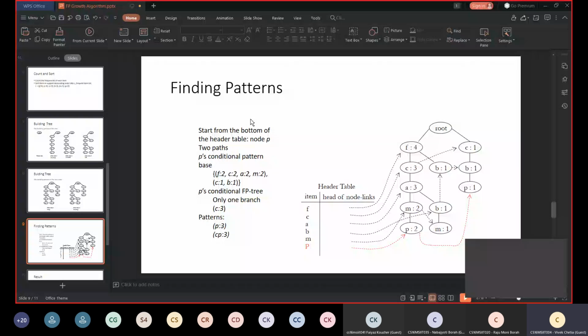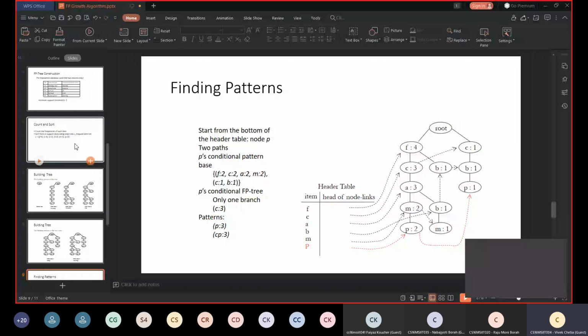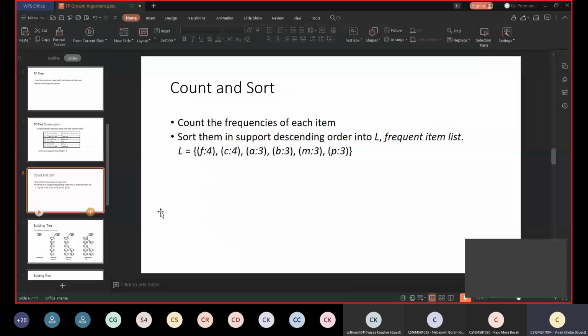Now which numeric value do we have to give here? The numeric value of the P node will be given to all these items. For FCAM, the path to P has the count 2, so 2 is assigned to all of this. And for path CB, the count of P is 1, so 1 is assigned to this.